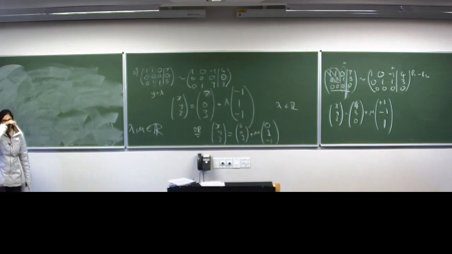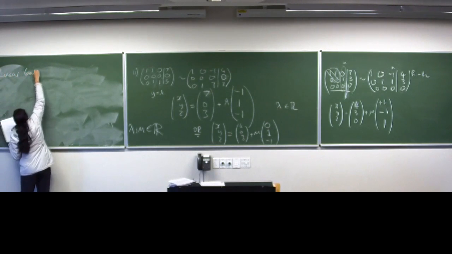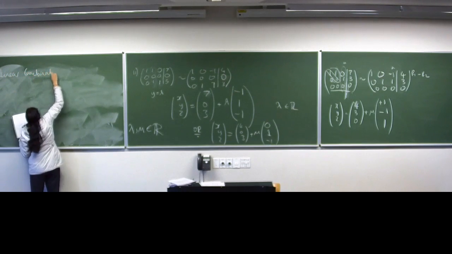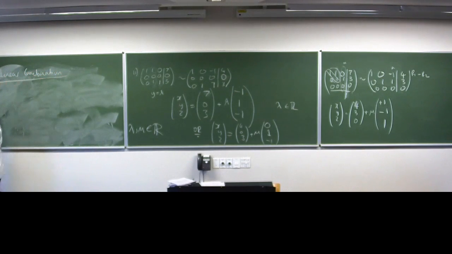As I said before, you write your answer in terms of a linear combination. But basically, if we wanted a particular value, then your lambda and your mu must be something.